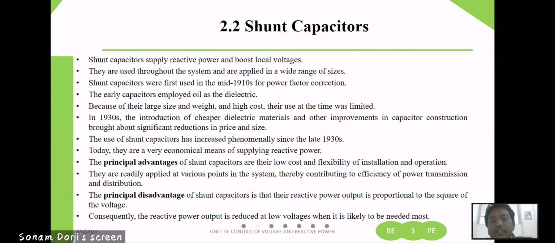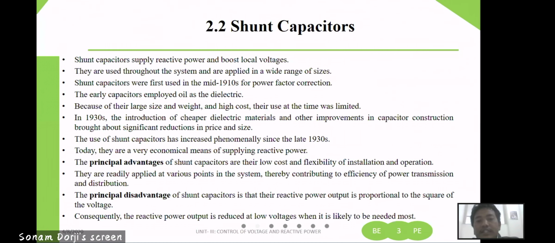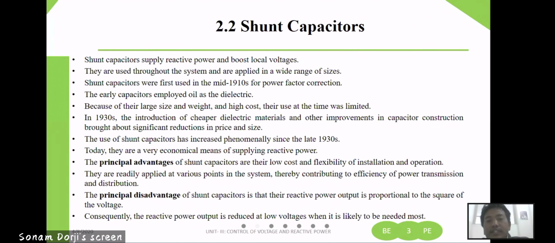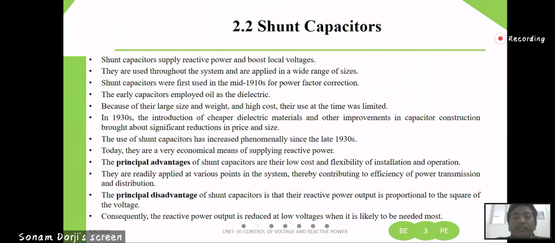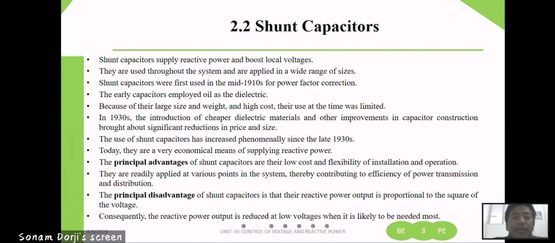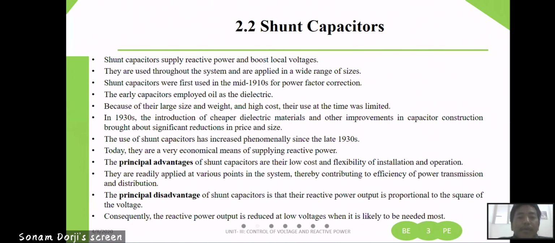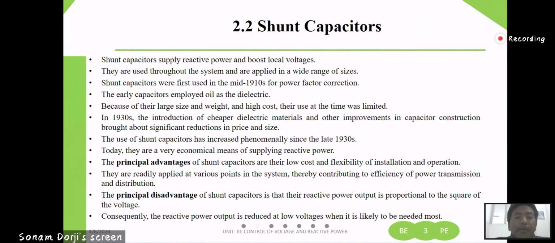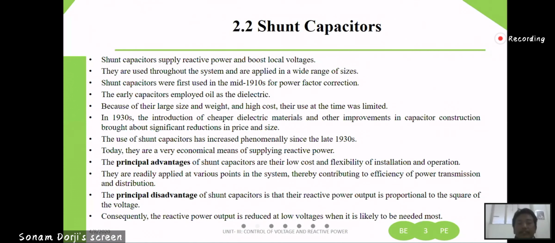Both are compensating devices which control the voltage, but one injects reactive power and one absorbs reactive power. You will know which one absorbs and which one supplies reactive power. Now let's start shunt capacitors.